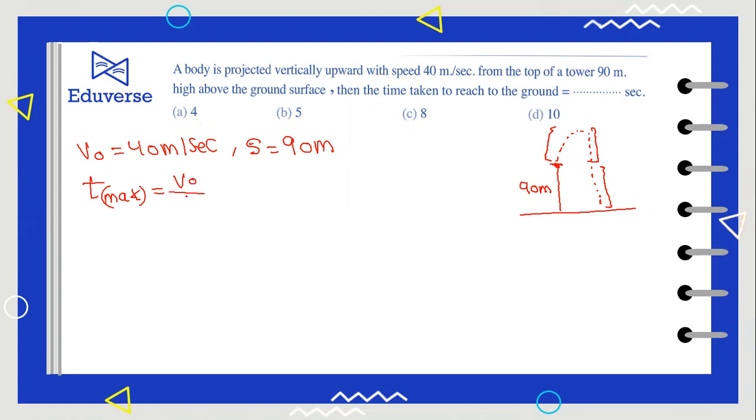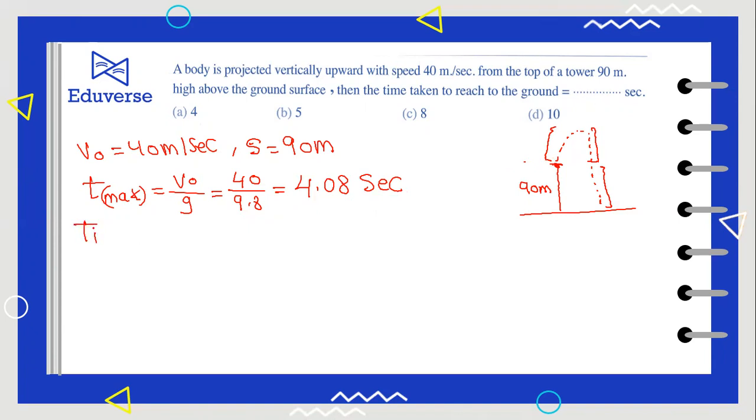V node over g. V node is 40 and gravity is 9.8. 40 over 9.8 will be approximately 4.08 seconds. To return back to the projection point, I take the same time again.